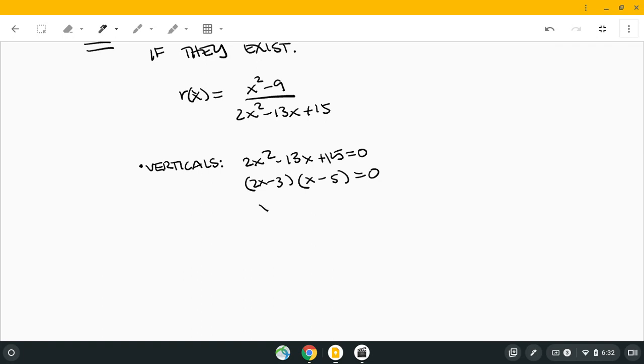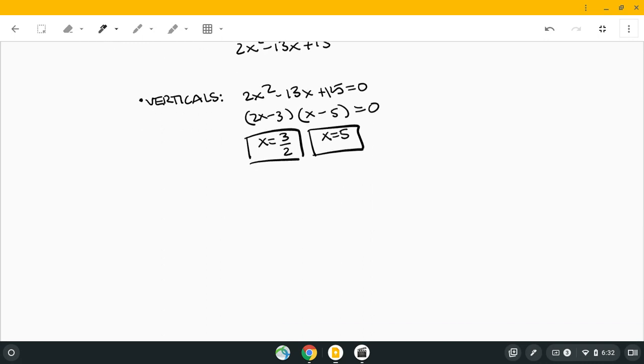All right, so from this one, I get x equals 3 over 2. And over here, I get x equals 5. So this is where I have my vertical asymptotes. I have two of them, one at x equals 3 halves and one at x equals 5.